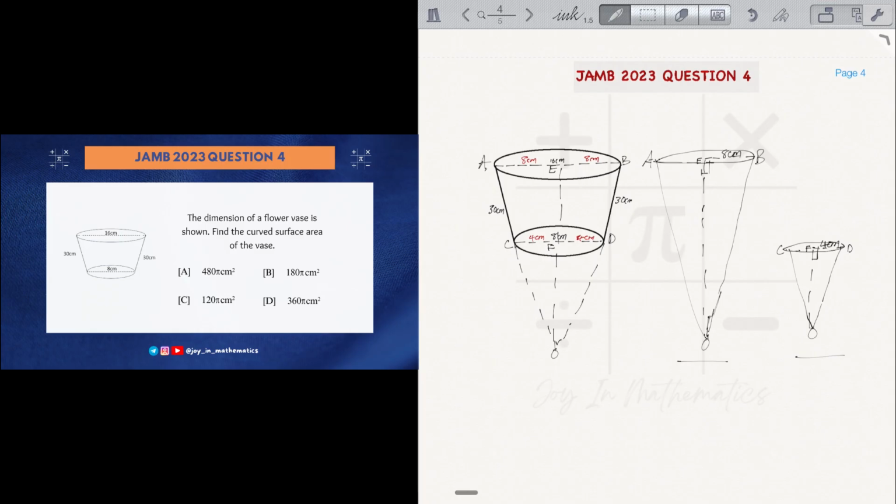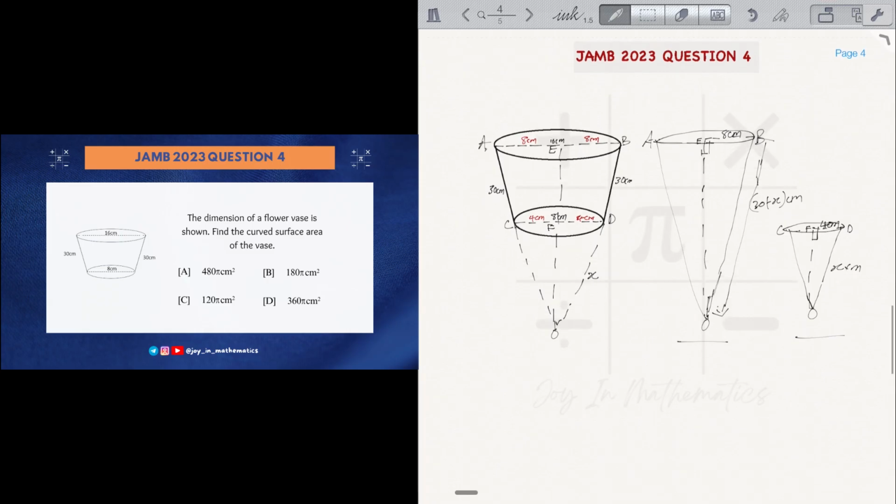The slant height of BO, let's look at length BO, is going to be 30, but not just 30, there is something missing here, X, so we call it 30 plus X. And the slant height for CDO is X centimeters. So we can see this is 30 plus X centimeters.